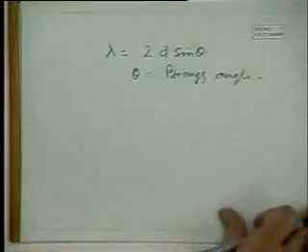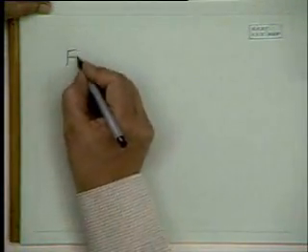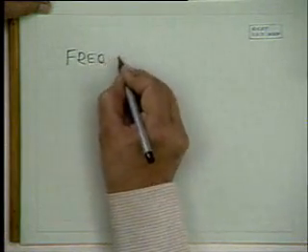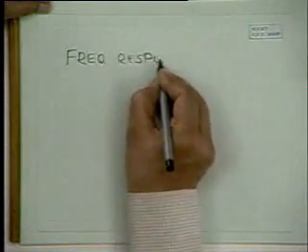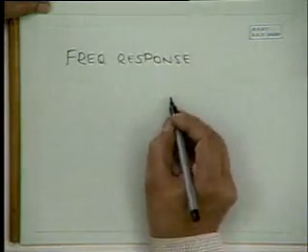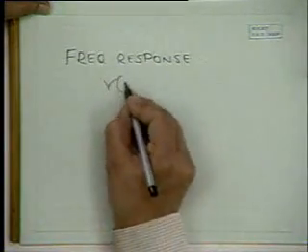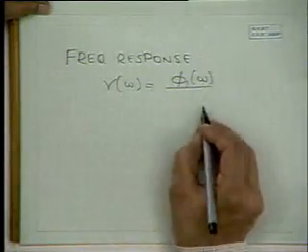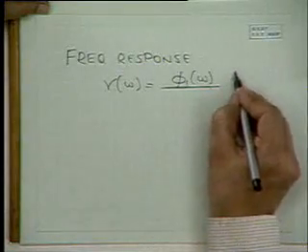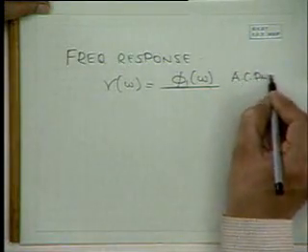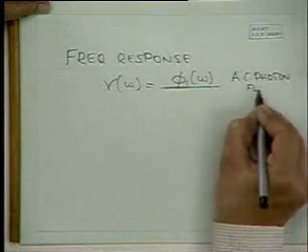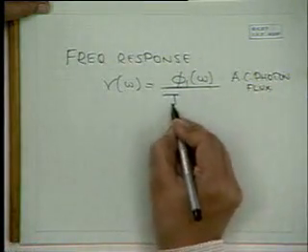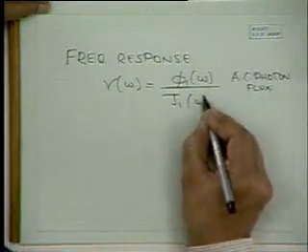So what are we trying to calculate? We're trying to calculate the frequency response, which is the light output. This is the AC photon flux over the AC component of current density.